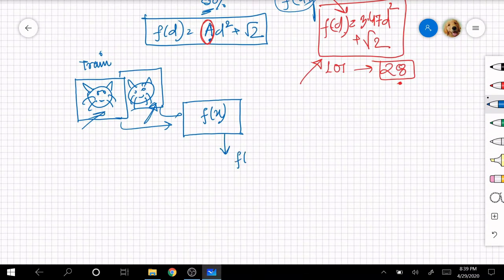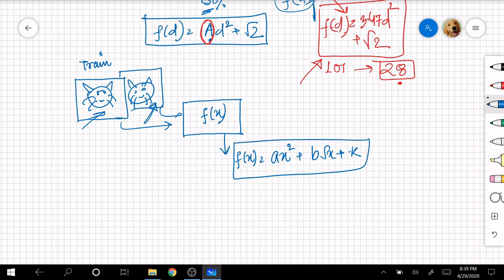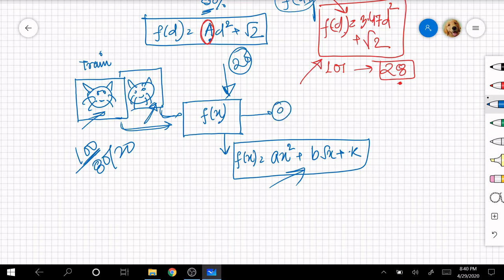Again, let's say the model is something like ax square plus b root x plus k. This equation accurately describes the picture of cats. Now, from 100 cat pictures, again remember 80-20 rule, I used 80 pictures to derive this equation, and I am using the remaining 20 pictures to test and then check the error.